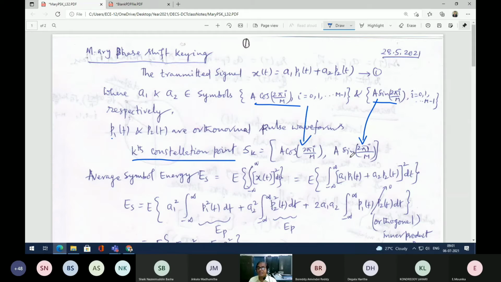If I take M equal to 8, for example, I can take i equal to 0, 1, 2, and so on up to 7. You will get up to 7 values.